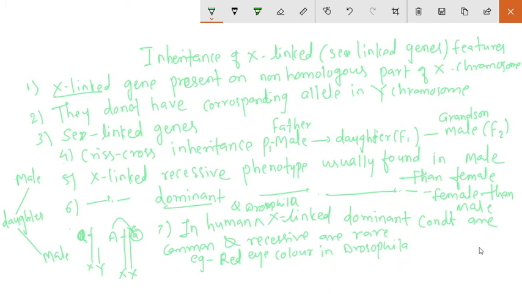The white eye color is the recessive character and red eye color is the dominant character. So the recessive character is the white one in Drosophila, as well as the recessive character in human, that is color blindness.